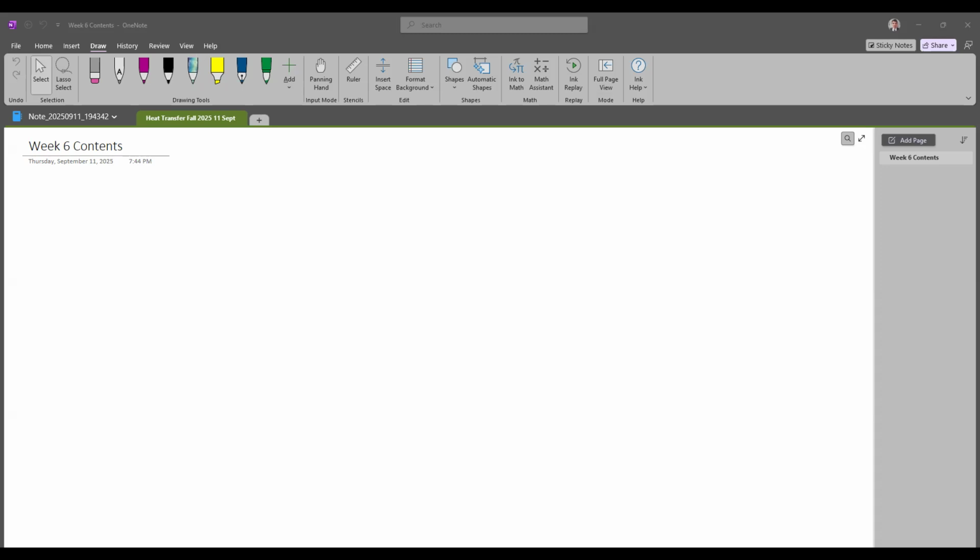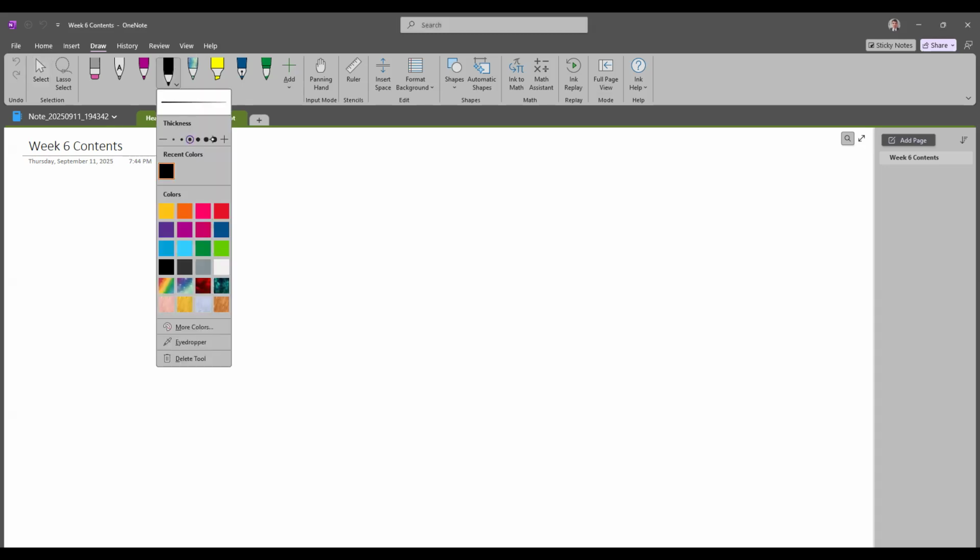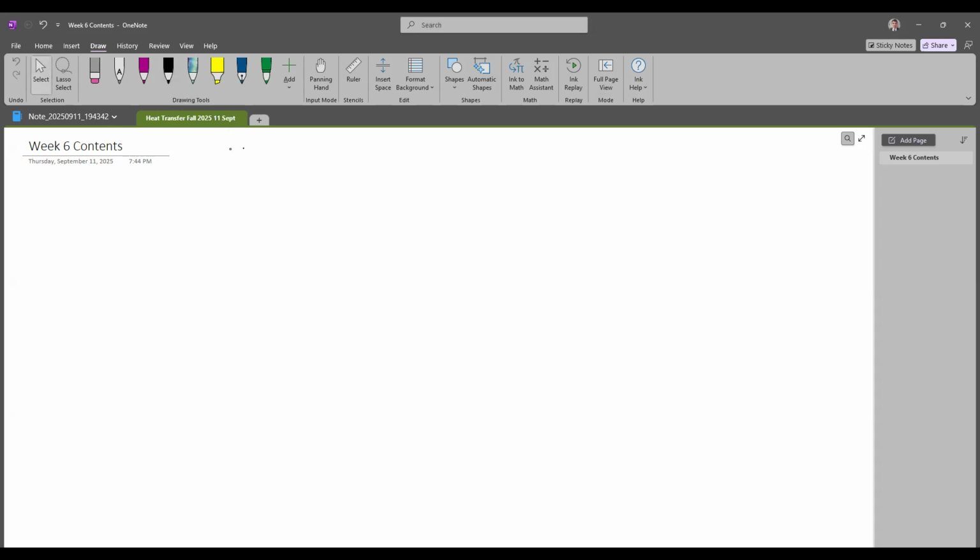Okay, so let's begin. Today we'll be discussing forced convection. Usually in forced convection, as of now, I think today we'll be discussing forced convection over a flat plate.